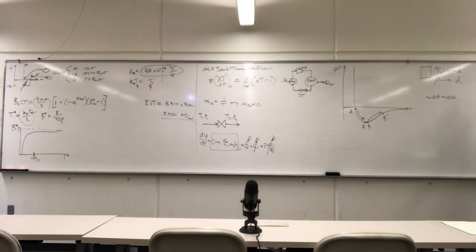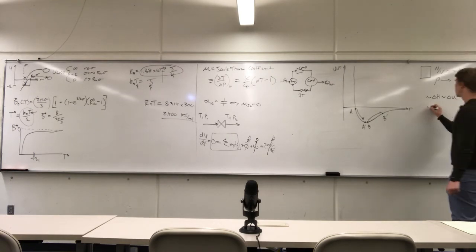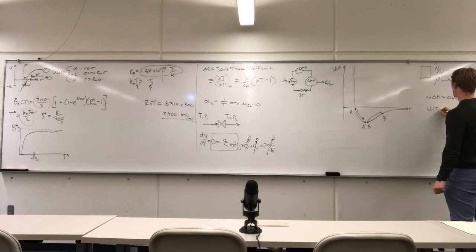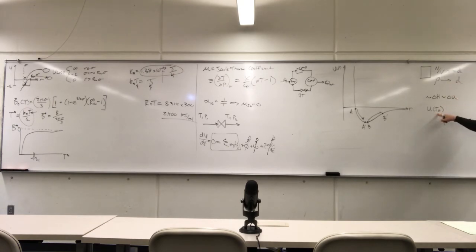We want this system to cool down, right? So U, the internal energy of a system at some higher temperature, is greater than the internal energy at some cold temperature. These are pretty obvious conclusions. If this isn't true, it violates the second law of thermodynamics.